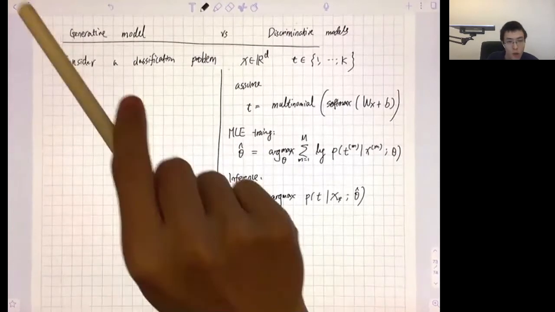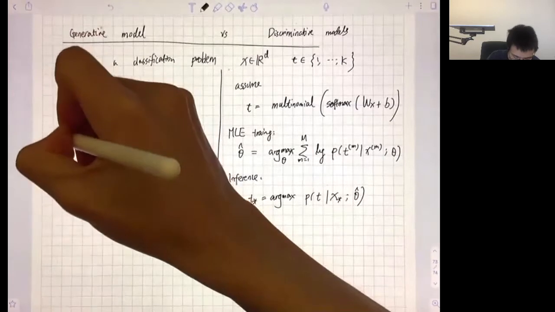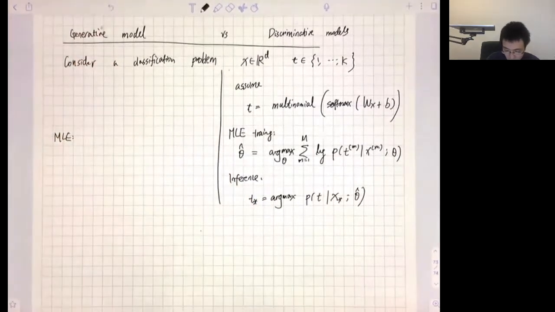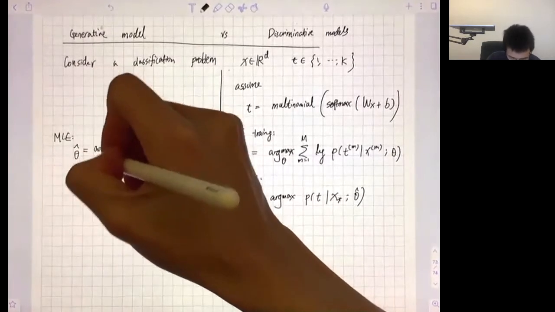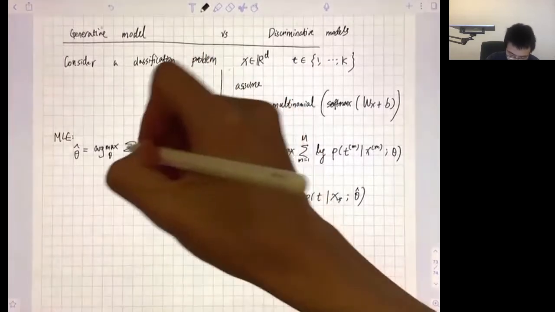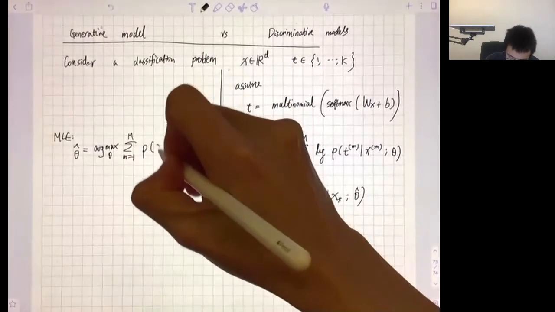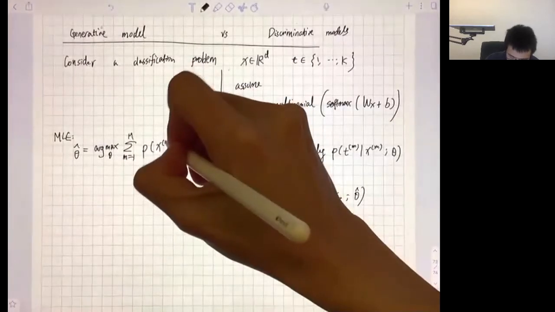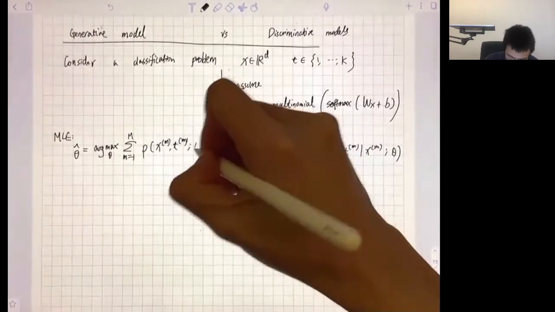But today we're going to talk about the generative model. For a generative model, we care about the joint probability of T and X. So MLE is the product of the joint probability of X and T for a data sample and for different samples, parameterized by theta.